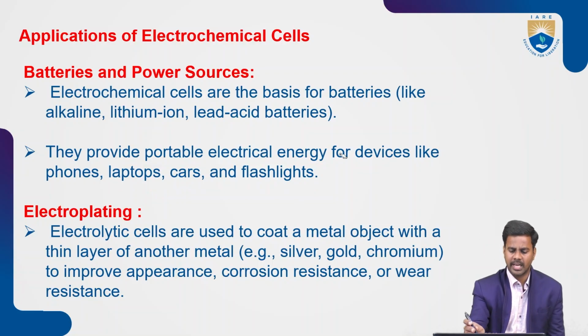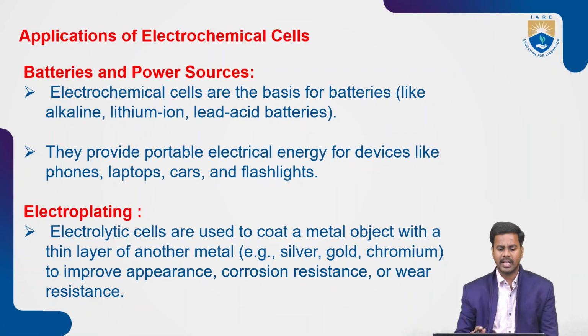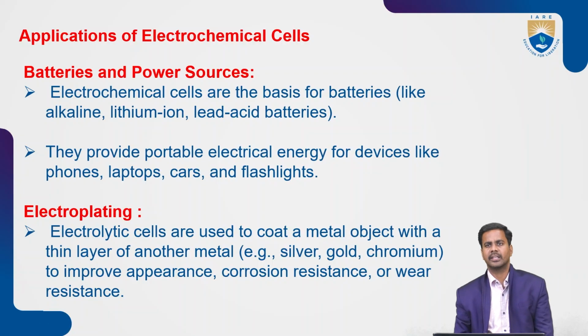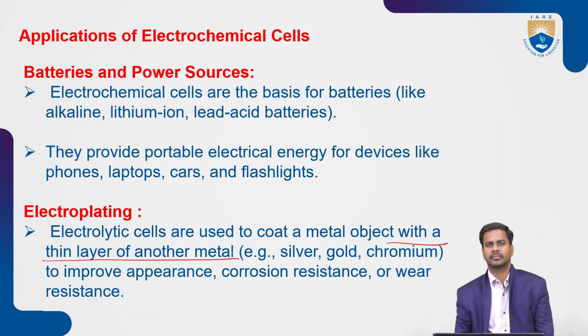The next application is electroplating. Here, electrolytic cells are used to coat a metal object with a thin layer of another metal. That is known as electroplating. Electroplating is one of the corrosion protection methods. Here, one metal is coated with another metal, and that coating process is known as electroplating.